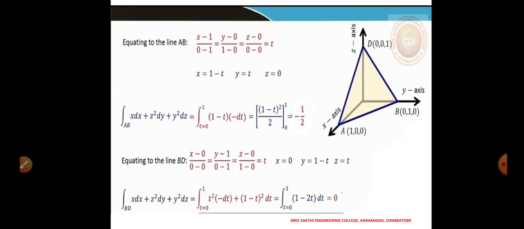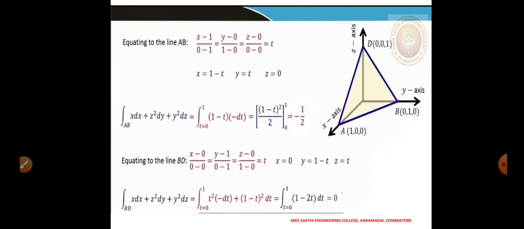At t equal to 0 we are at the point A, (1, 0, 0), and at t equal to 1 we are at the point B. So t goes from 0 to 1, and we take the anti-clockwise direction. Then we have to take the outer normal on the surface to get the equality in the conclusion.